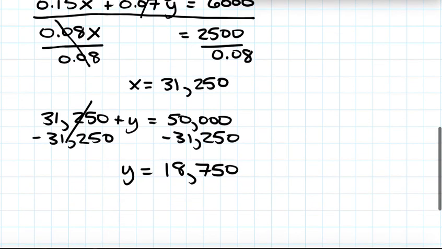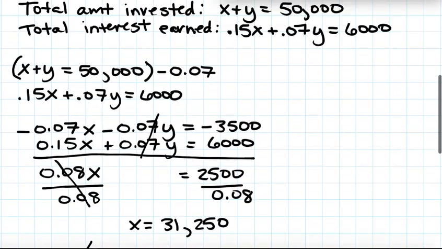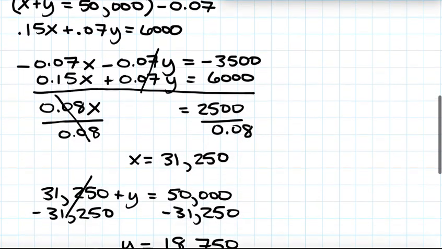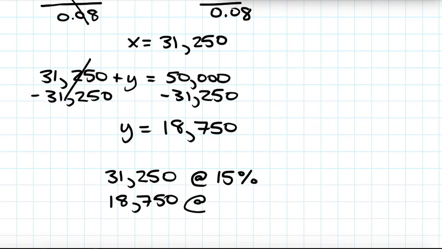So for my answer, that means I'm investing 31,250. If I go all the way back to the top, x was the amount invested at 15%, and y is the amount invested at 7%. So that's my answer.